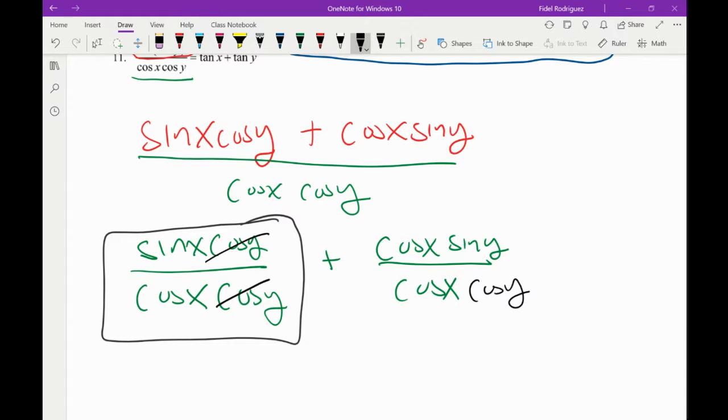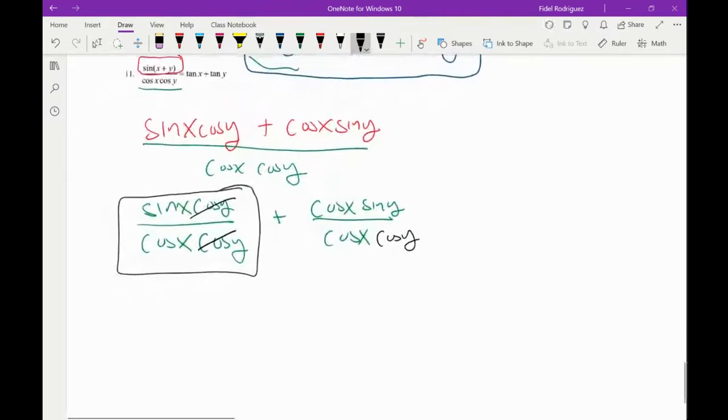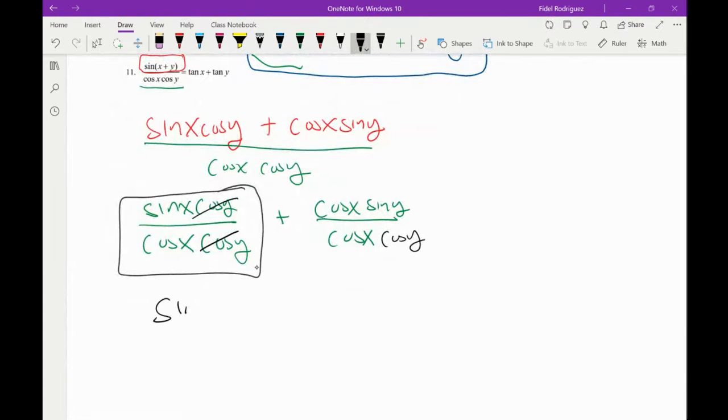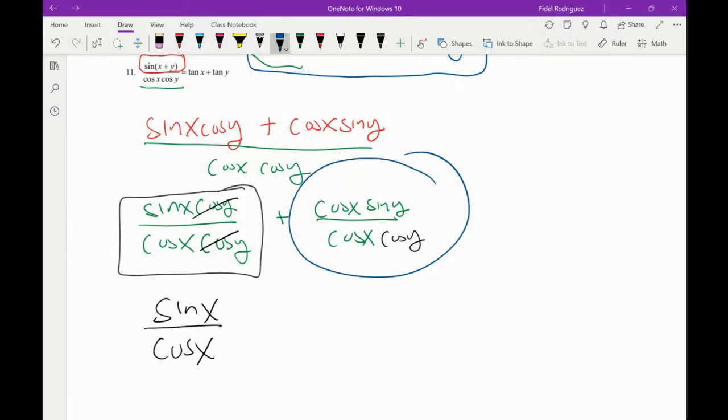Cosine y, okay? So that means that we are left with sine x over cosine x, okay? Look at the second fraction. Anything over here exactly the same on the top as it is on the bottom is going to cancel out. Cosine x. What are we left with then? Okay.